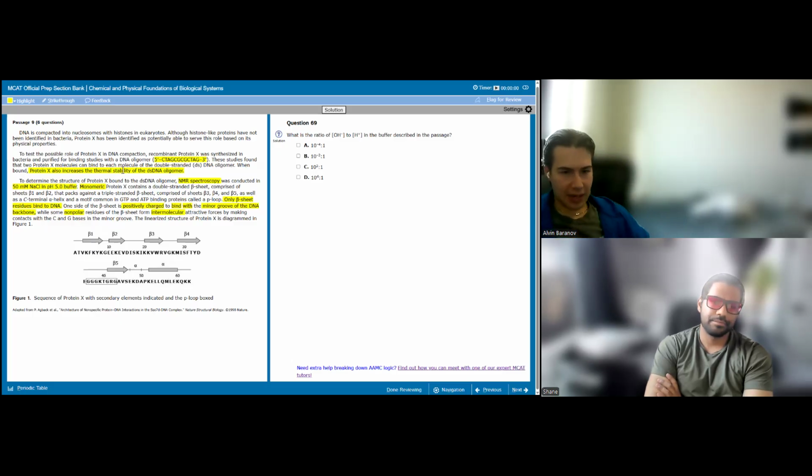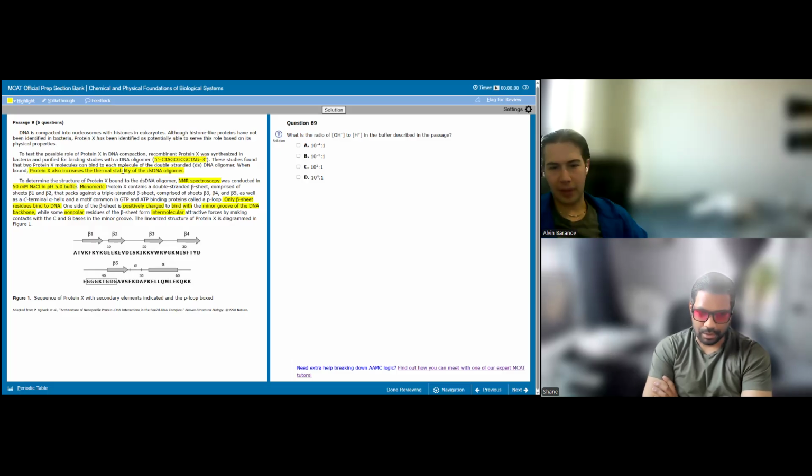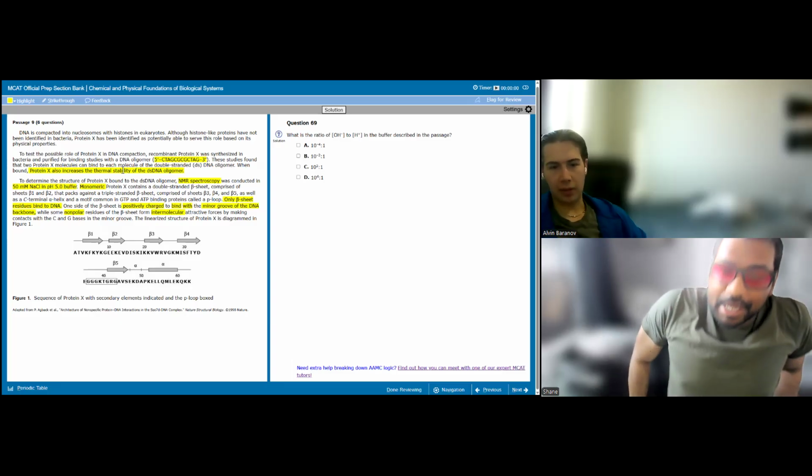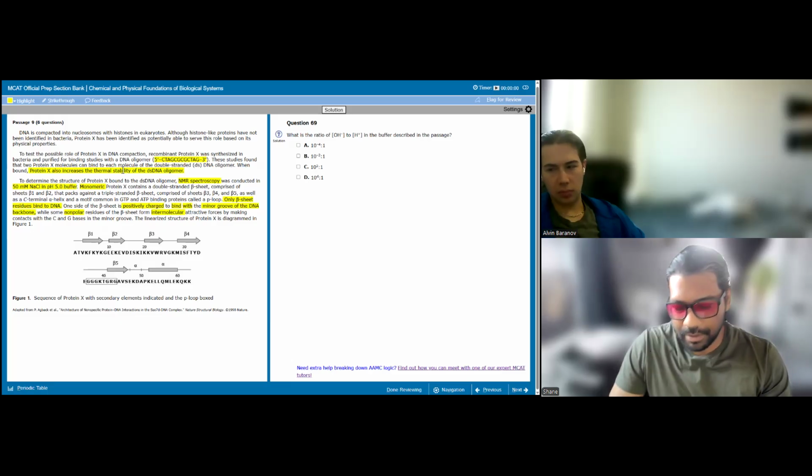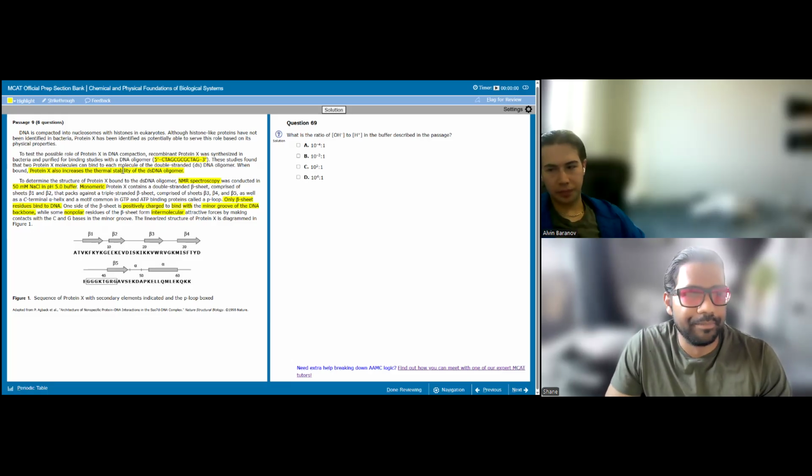It's kind of like it measures the temperature at which 50% of the DNA is separated. What happens to the TM? It could be called the melting temperature, at which 50% is denatured or melted.